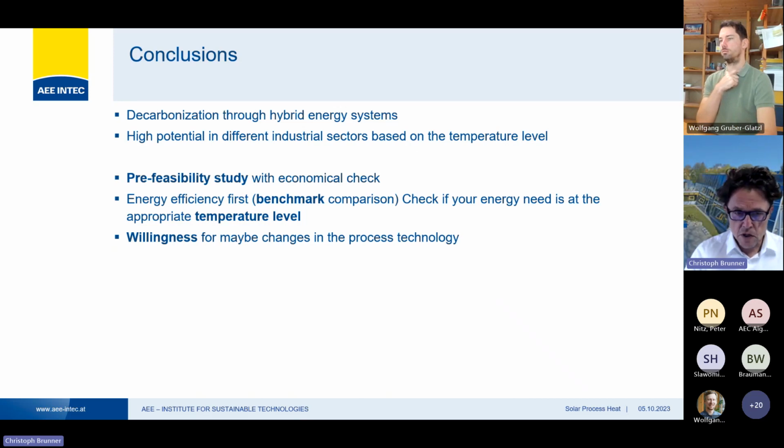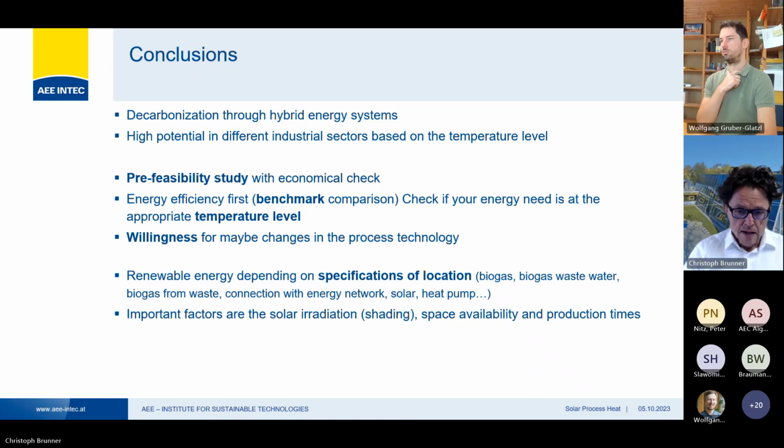And of course, energy efficiency as the first fuel has to be fulfilled before installing renewable energy sources. And it's always important that people on site have the willingness, maybe also to change process technology, in order to reduce the energy demand and be more efficient. Renewable energy depends on the specifics of the location. Do you have biomass?